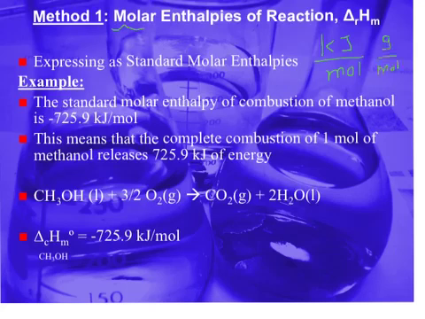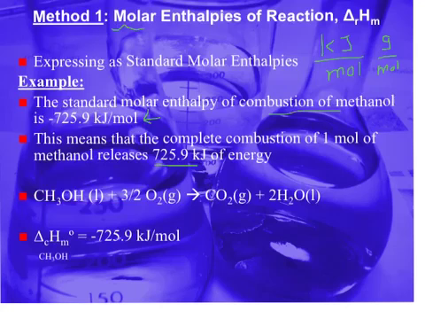So, for example, let's say the standard molar enthalpy of combustion of methanol is negative 725.9 kilojoules per mole. It really means that for every 1 mole of methanol that you burn, you release that much energy. If you burn 2 moles of methanol, you will release approximately 1,450 kilojoules of energy.